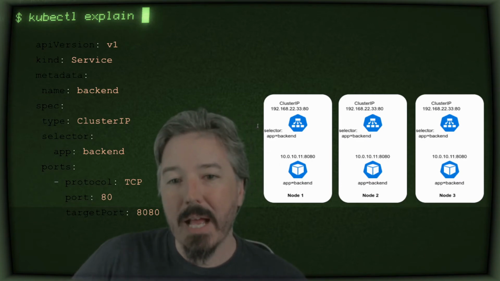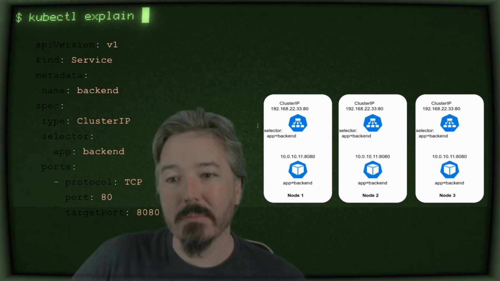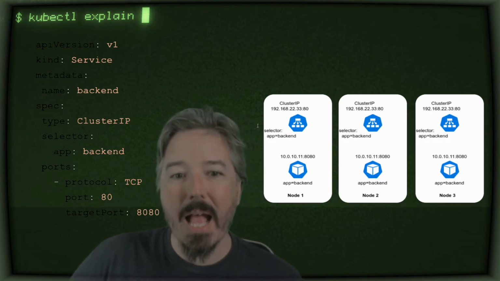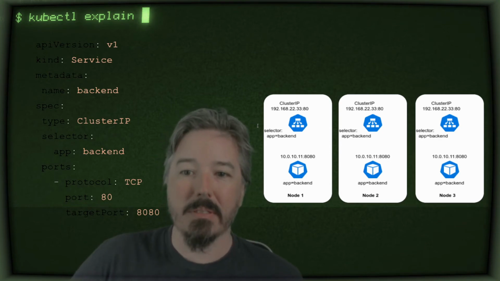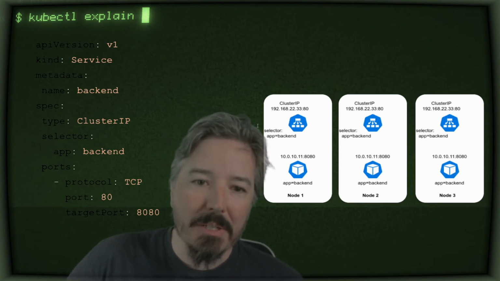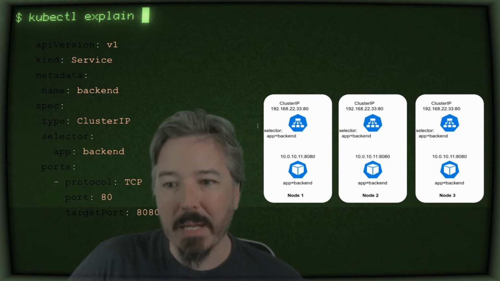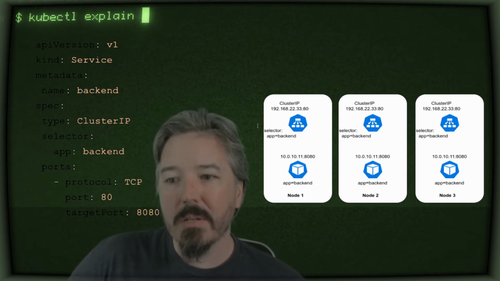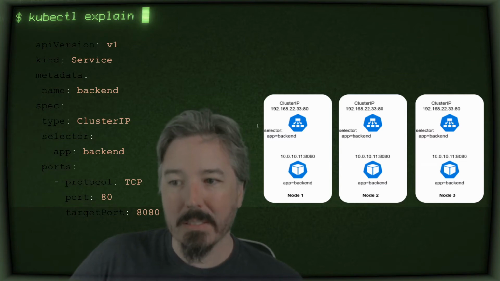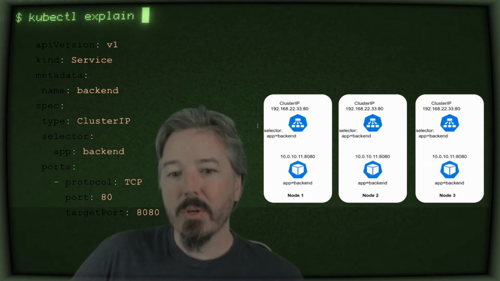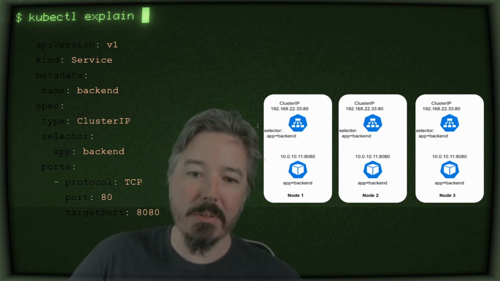This acts as a service discovery mechanism, as each service is registered in DNS as the service name. This means that an application in the same namespace as a service named backend can be configured to connect to the host backend, and kubedns will translate that to the correct cluster IP to connect to.